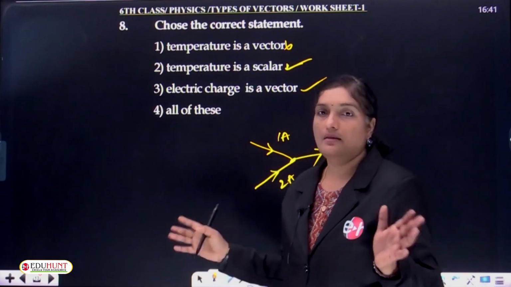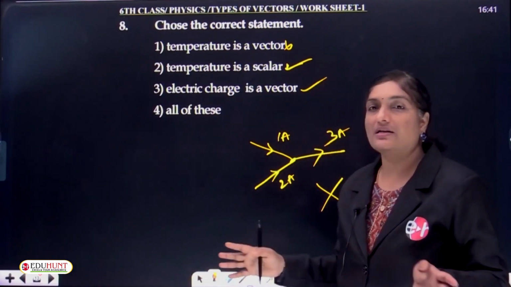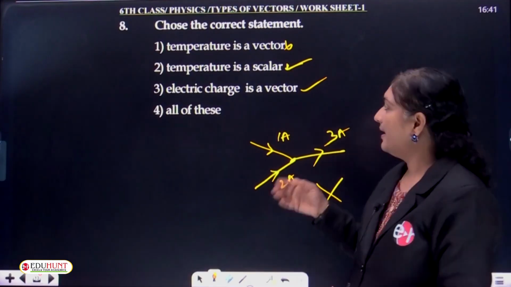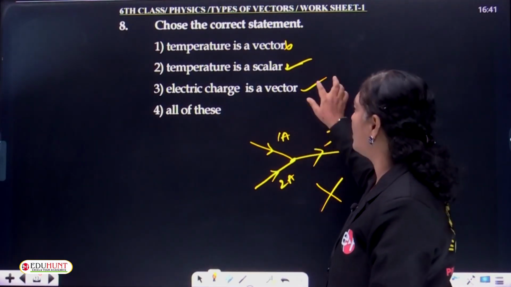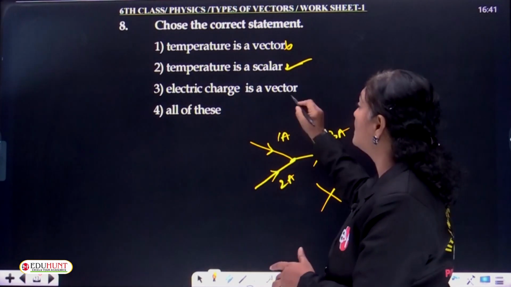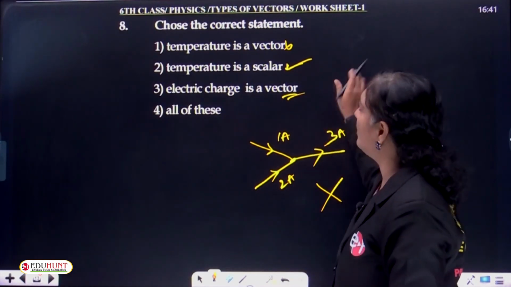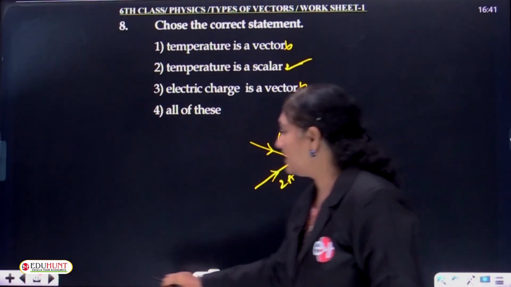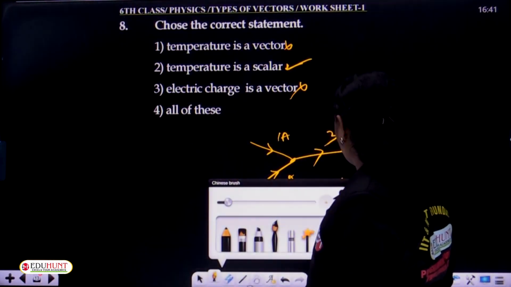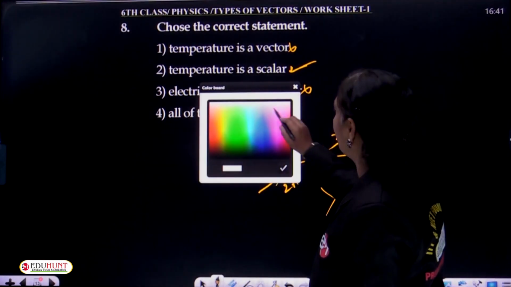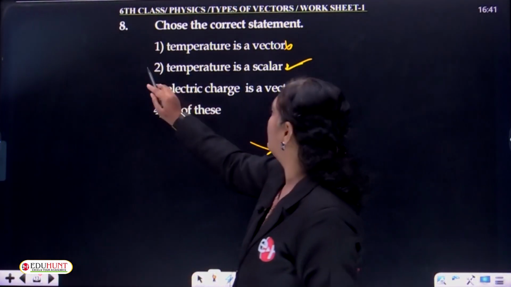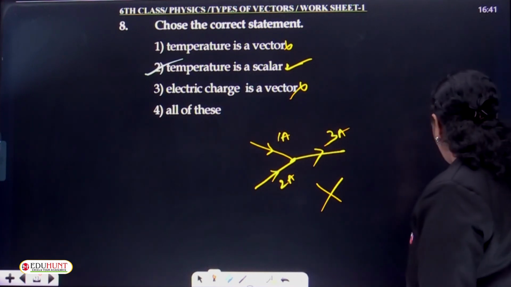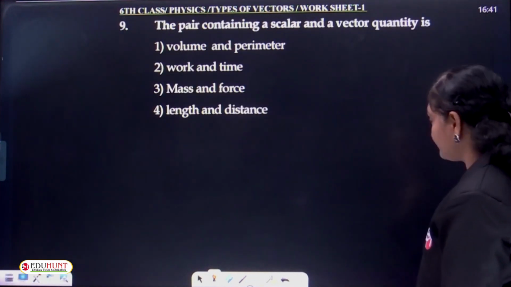The property of electric current does not go well with the vector law of addition. Hence electric charge is not a vector quantity. It is a scalar quantity. Therefore, this is a wrong statement. So the only correct statement from the following is, which one is the correct one, children? Second option, temperature is a scalar quantity. All others do not hold good.